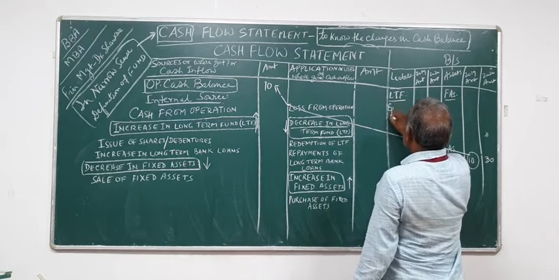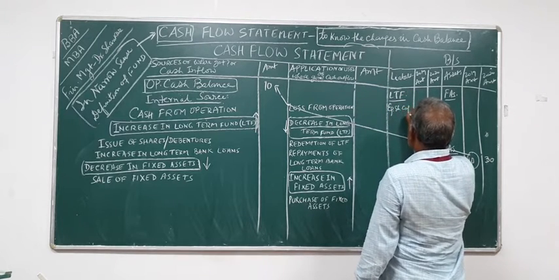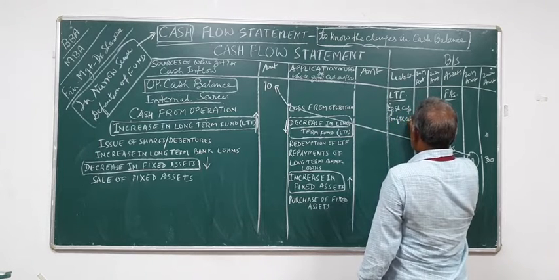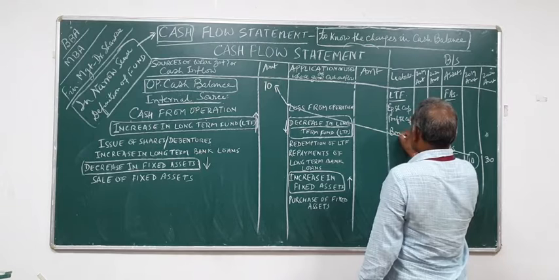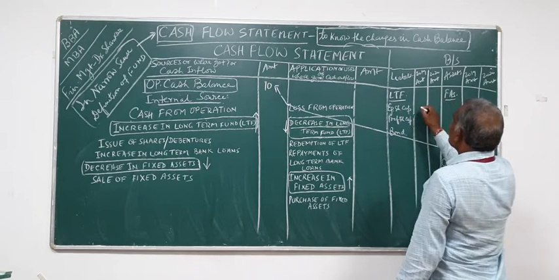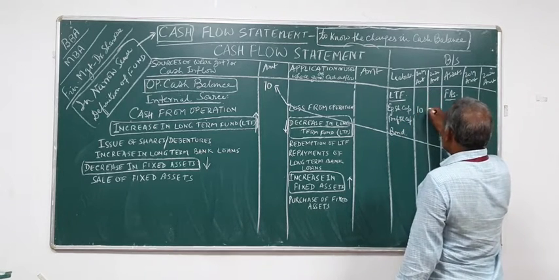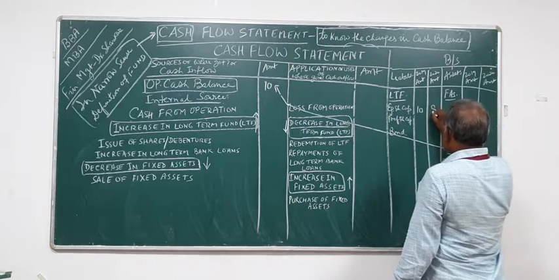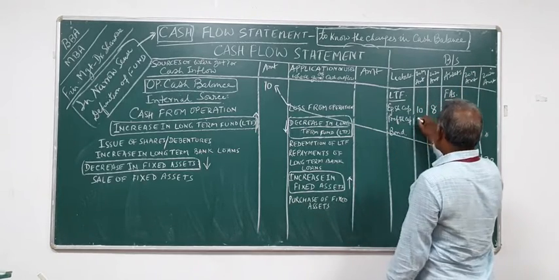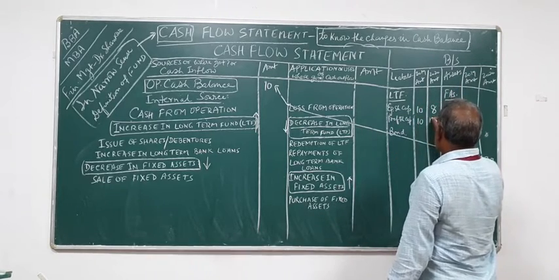That is equity share capital, preference share capital, bond. Increase in equity share capital, suppose 10 and 8. Preference share capital 10 and 13.